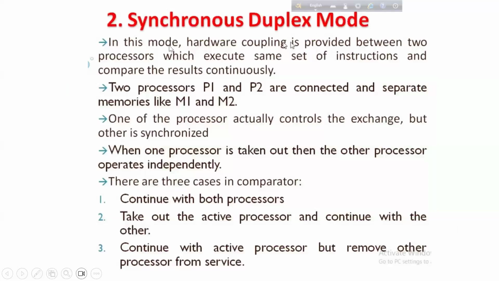Okay. Now synchronous duplex mode. There will be two processors. In this mode, hardware coupling is provided between the two processors, and both processors will be active at the same time. These two processors execute the same set of instructions and compare the results continuously. Two processors P1 and P2 are connected to separate memories, M1 and M2.